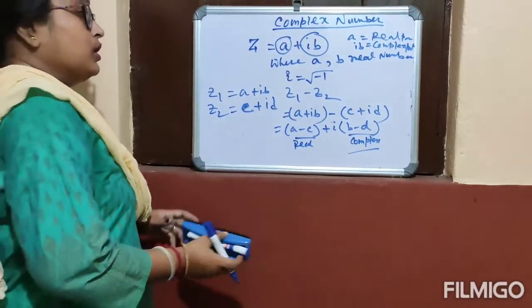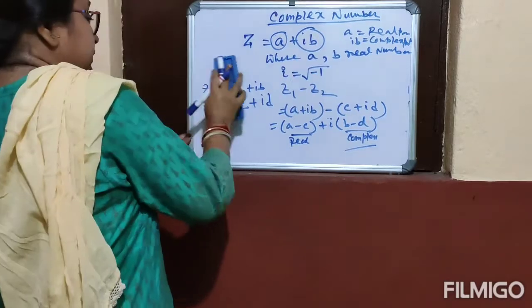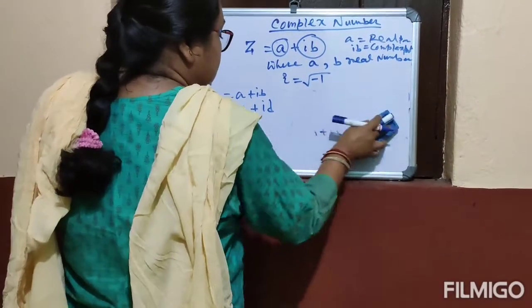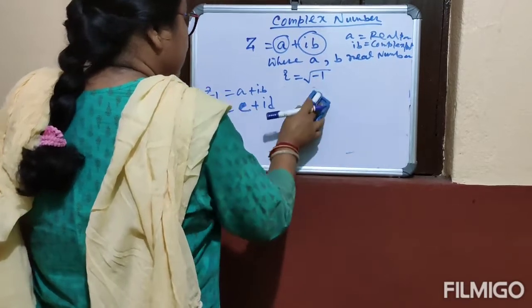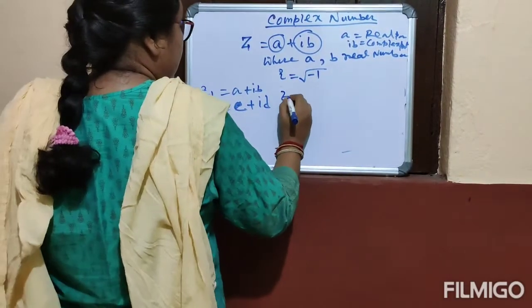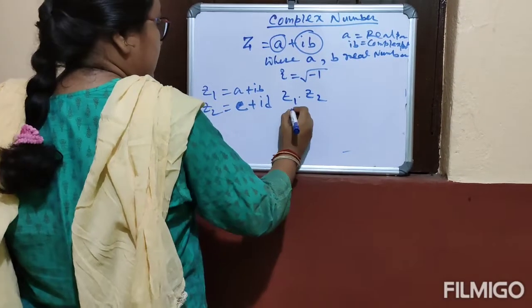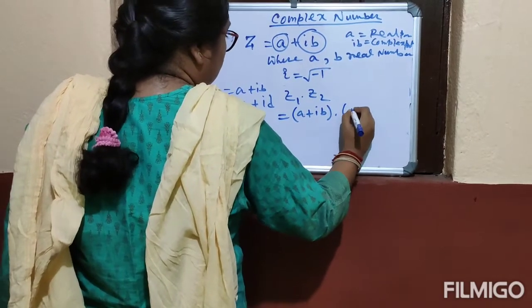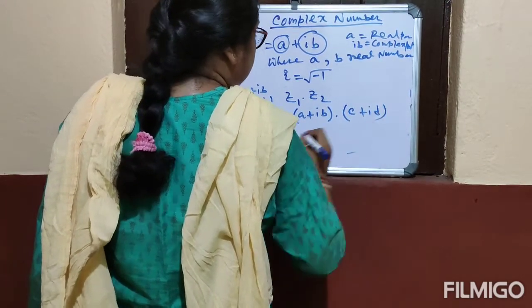Now, how to find multiplication, the value of Z1 into Z2? What is the way? a plus ib dot c plus id.